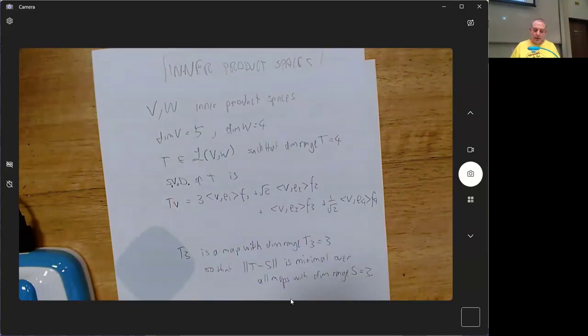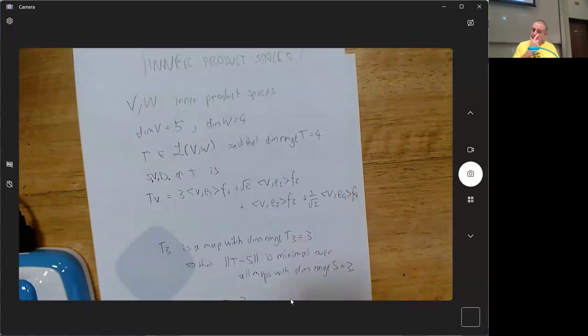But I can see that a singular value decomposition appears to be, just based on the question itself, that T of a vector in V is a linear combination of these F's.